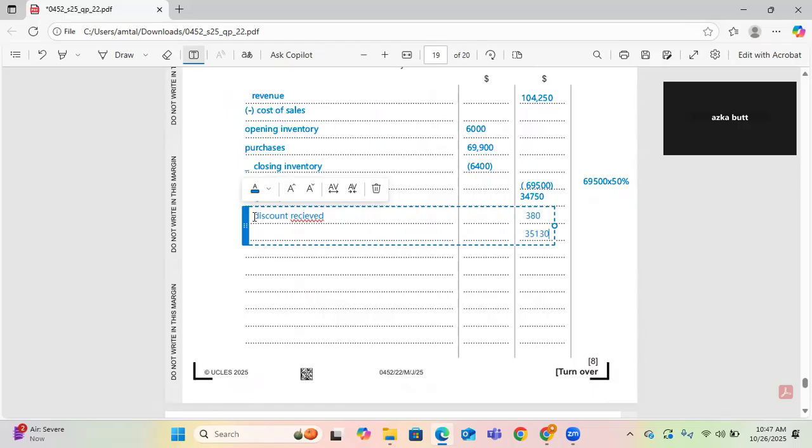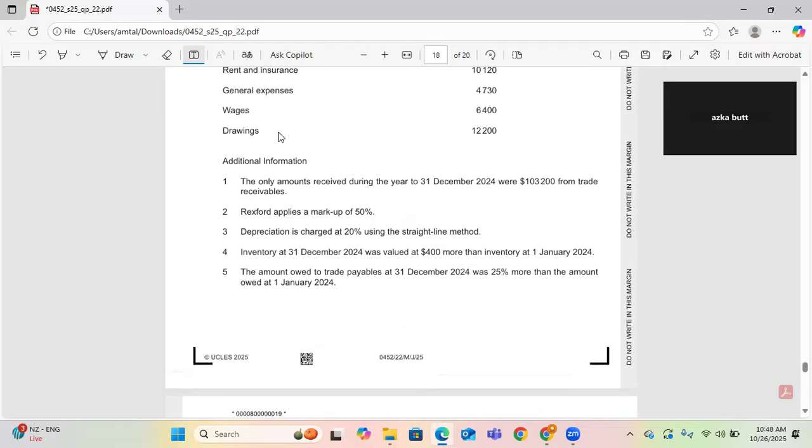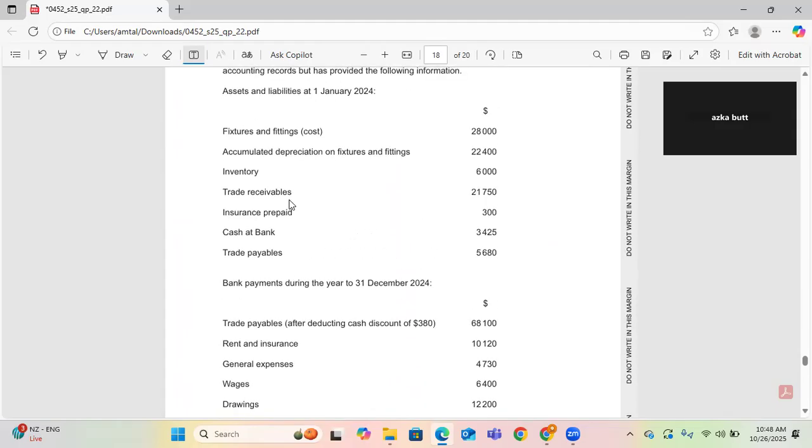Next, we are going to see the expenses. Let's see how many expenses we have. As you can see, we have the insurance prepaid at the start of the year, which is 300. It means that by the end of the year it has already expired, you have already used that. So that's why $300 will be part of expenses.